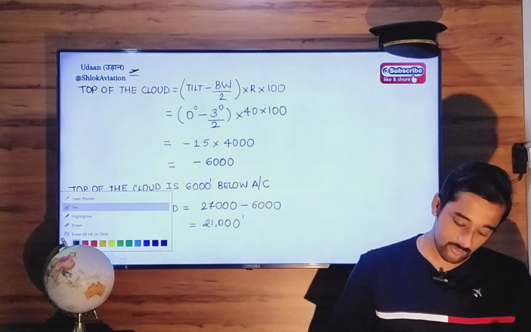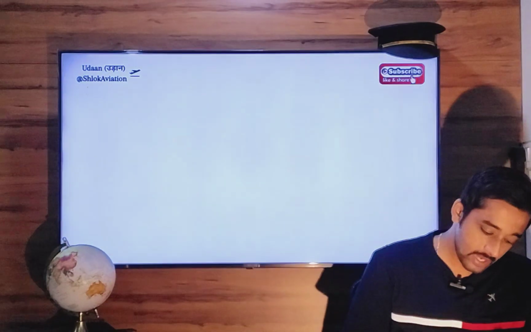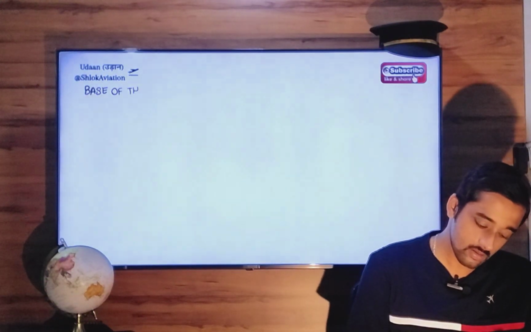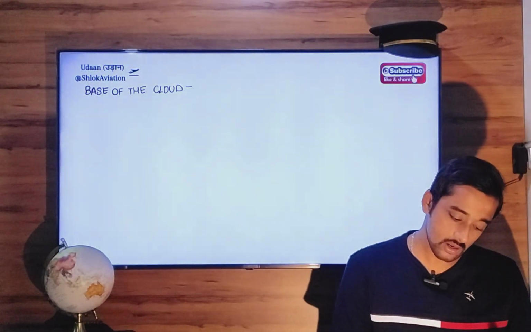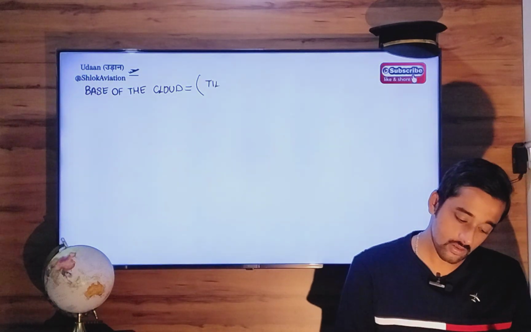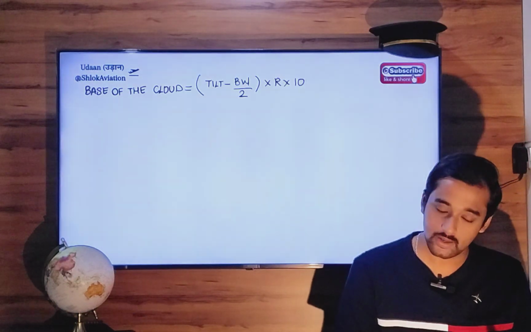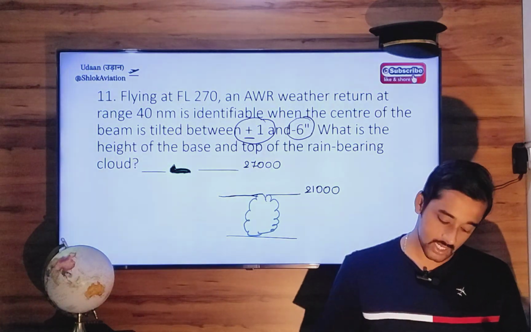Again, we will use the same formula. Base of the cloud equals tilt minus beam width divided by 2 into range into 100. So tilt, downward tilt is minus 6 degree.